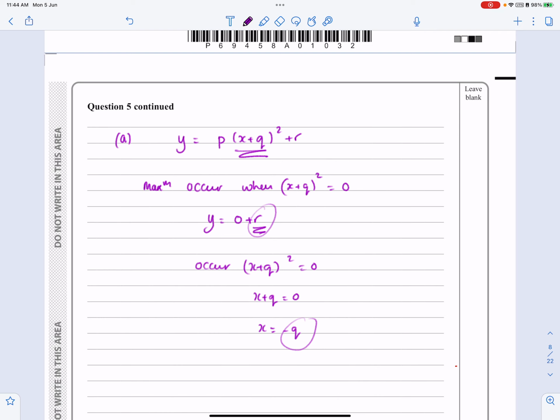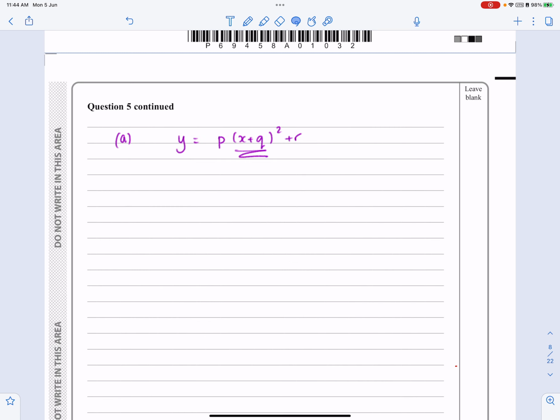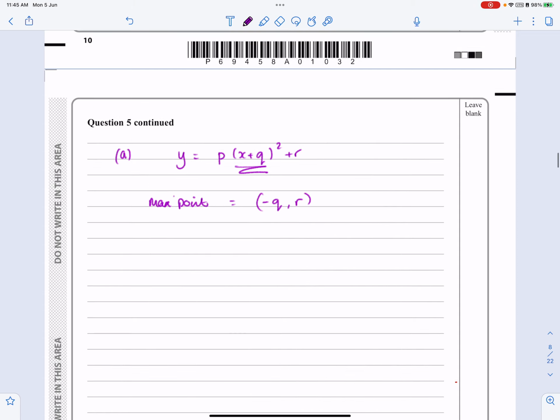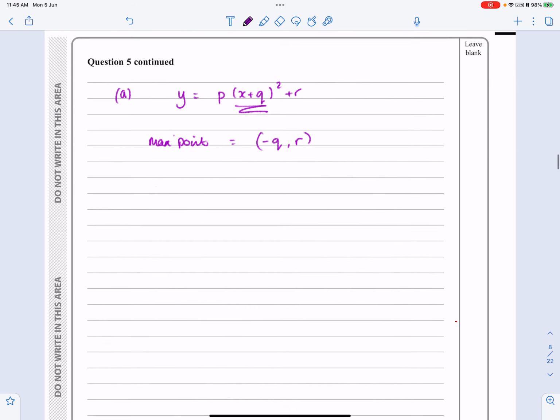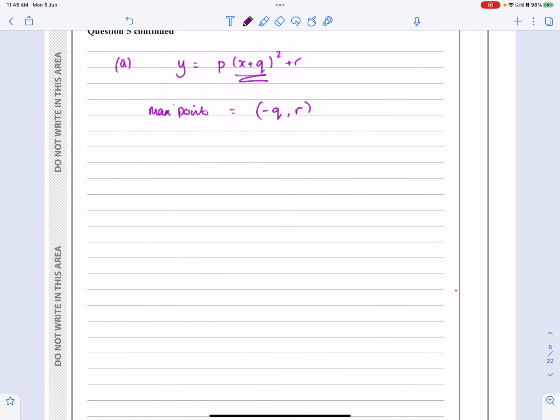So I've just quickly gone through that, but now what that means is that when I'm looking at my question, I wouldn't write all that down, I'd simply say the maximum point is going to be equal to (-q, r), and we know from the question that the maximum point is (-2, 12). So straight away I've got q is 2 and r is 12 in my work.